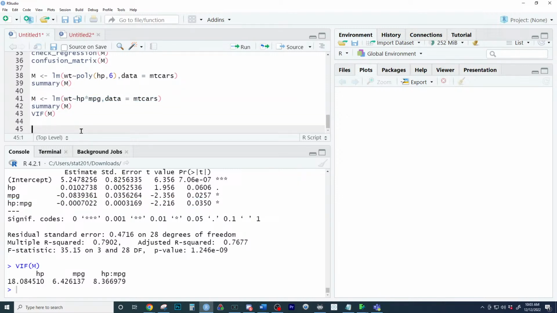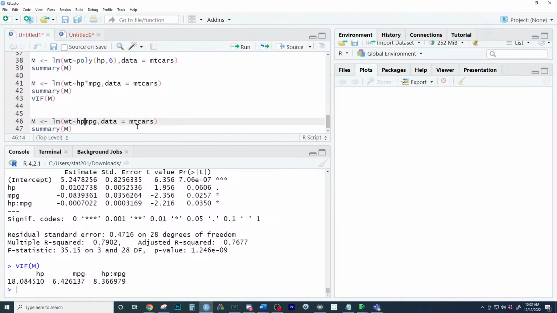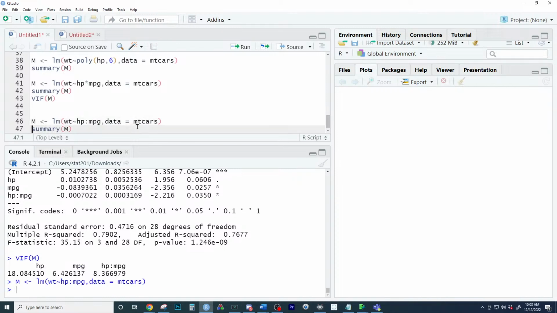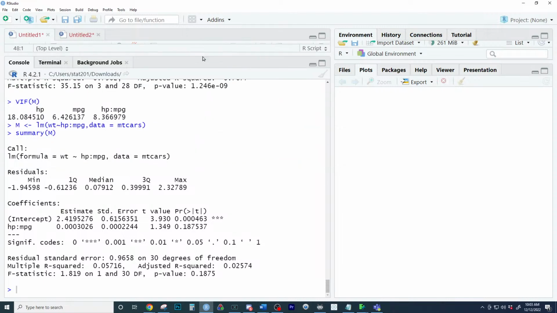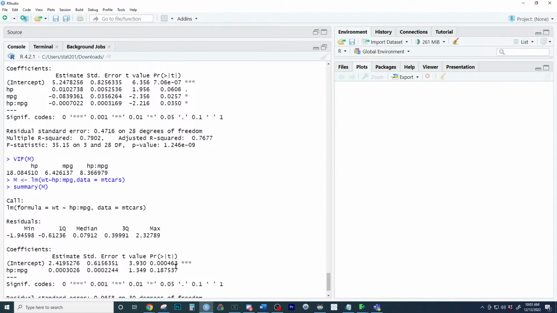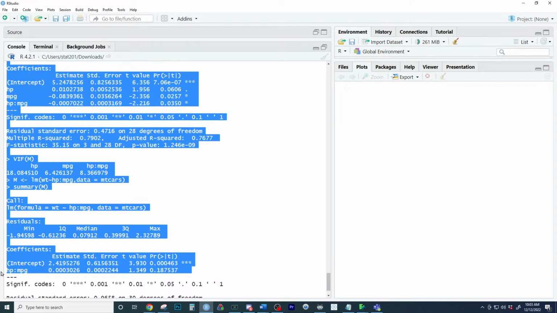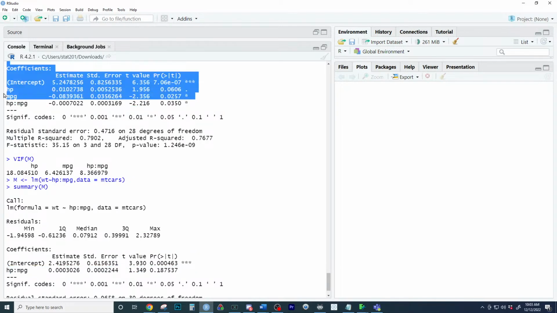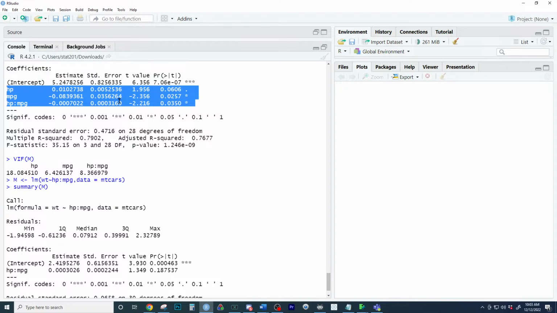I can choose to not preserve model hierarchy by putting them together this way in the model. So here's one that does not. This bottom one does not preserve model hierarchy, and the top one does preserve model hierarchy. So what is going on right there? What is the difference?